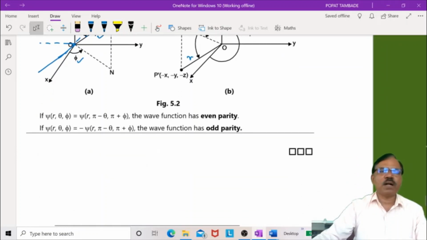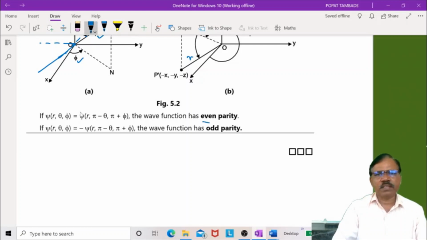So if psi of r, theta, phi is equal to psi of r, pi minus theta, pi plus phi, then the function has even parity. But if psi of r, theta, phi is equal to minus psi of r, pi minus theta, pi plus phi, then the function has odd parity.